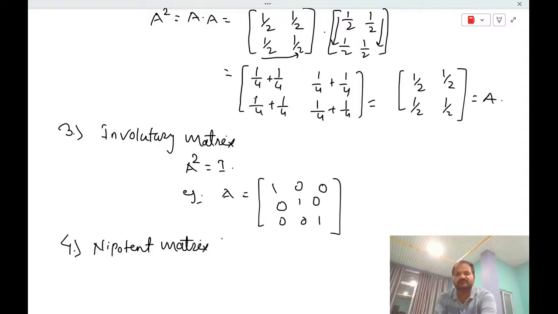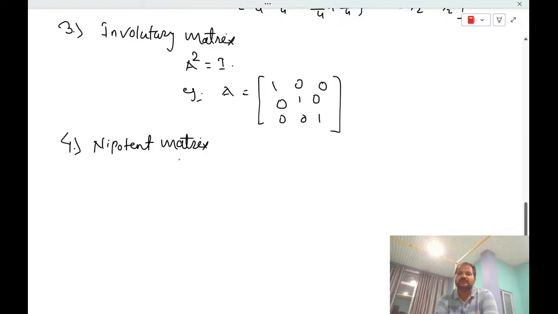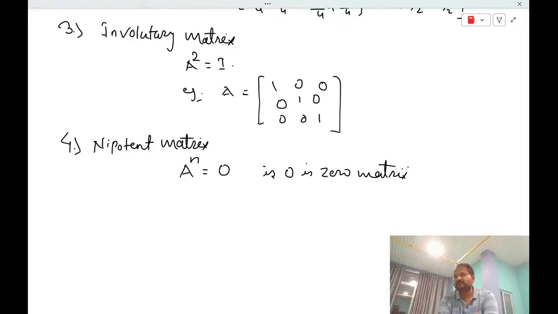Nilpotent matrix: when A is a square matrix and A to the power n is equal to 0, where 0 is the zero matrix of order n by n.